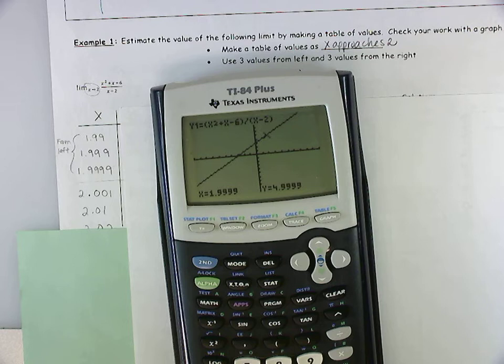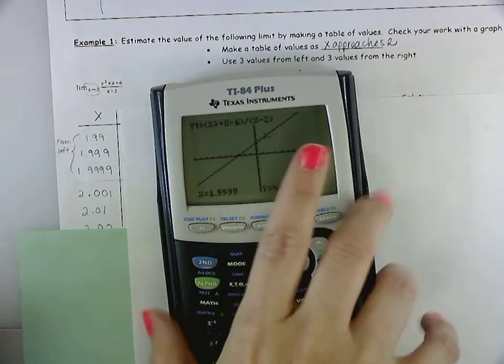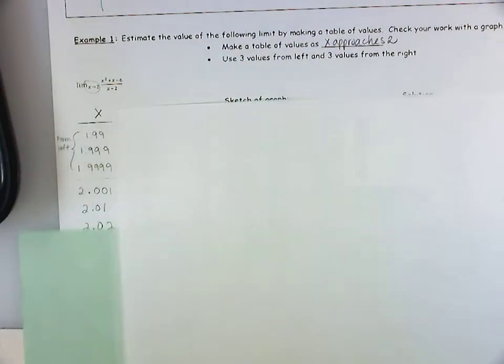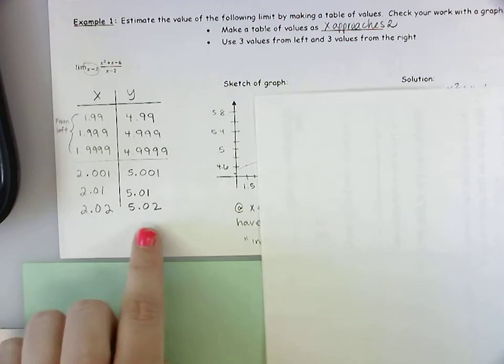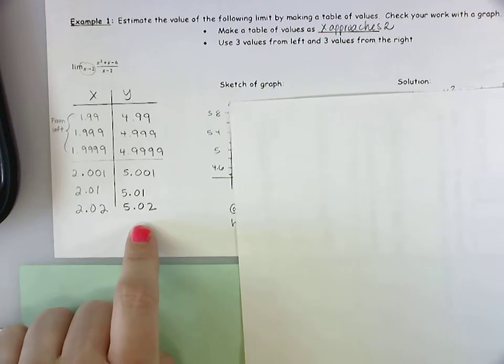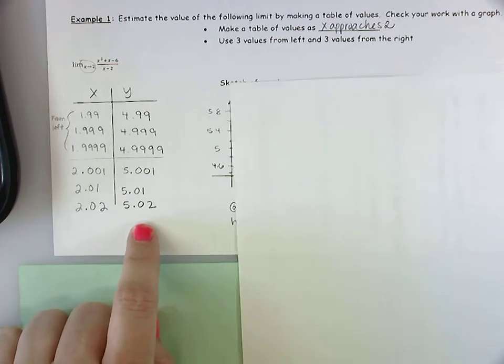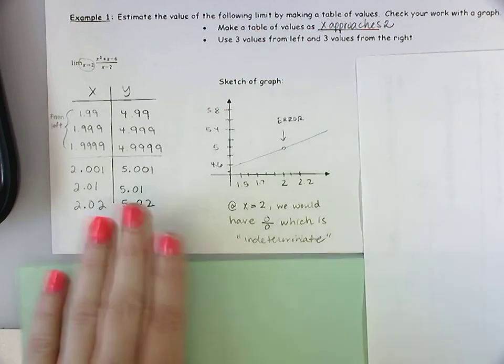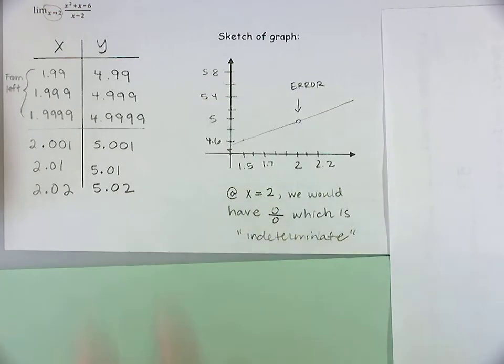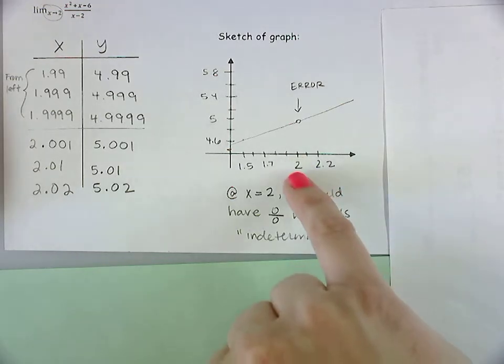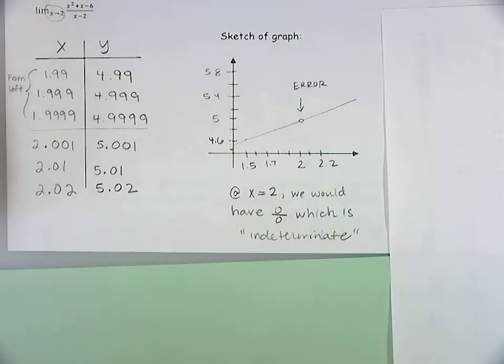Now what we're going to do is sketch this graph. We have the rest of our values. You can tell just from your table that it looks like you're approaching what? Yeah, it looks like you're approaching 5. With your graph, we're just doing a sketch. If you look exactly at 2, we talked about how that's going to be a hole in your graph.